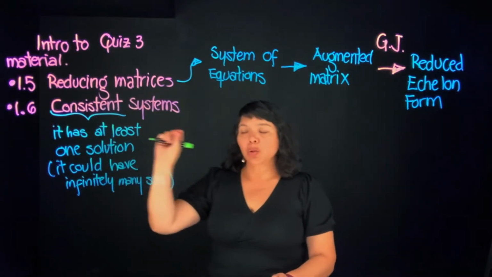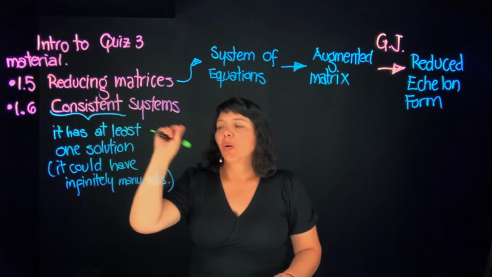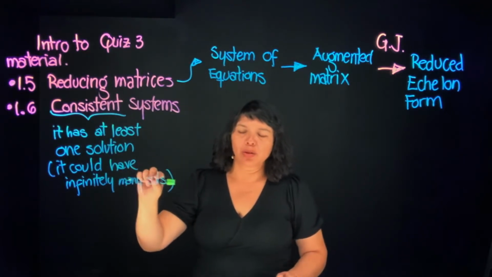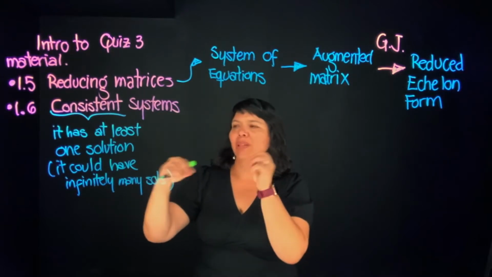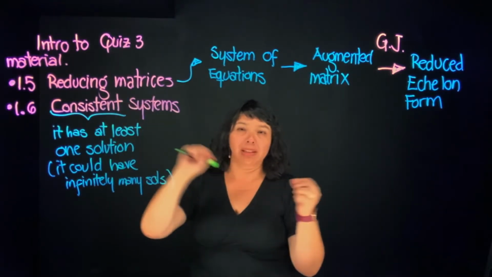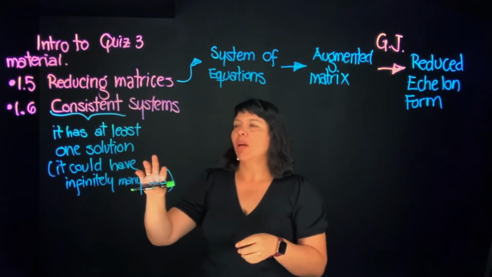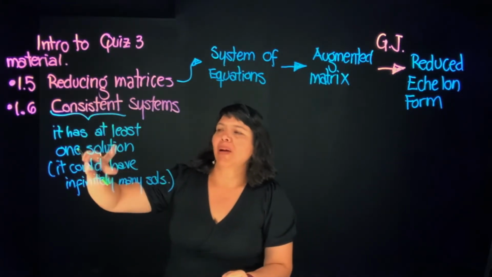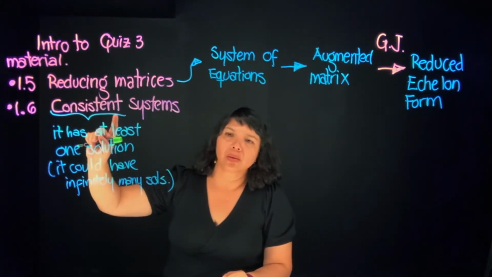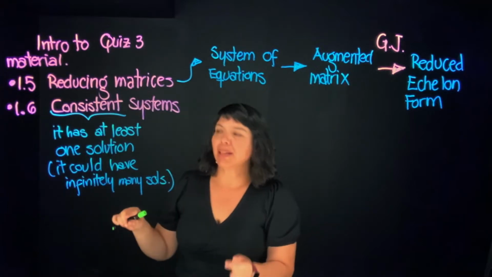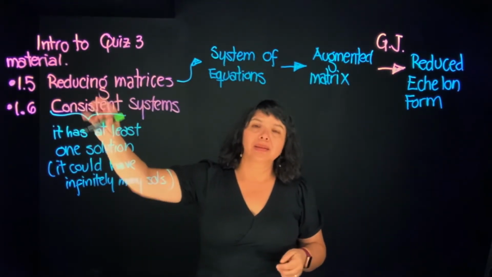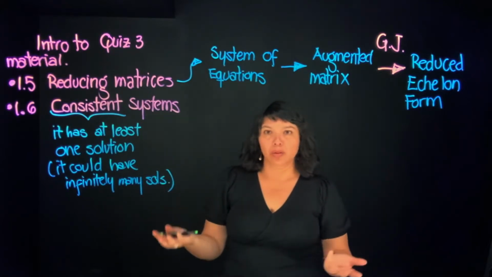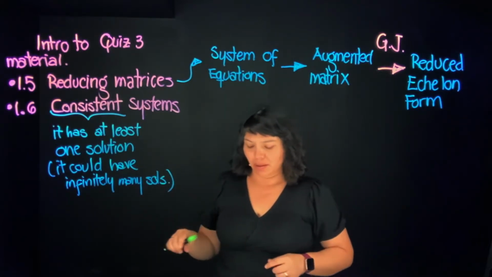Either you do have one solution or you have infinitely many solutions. If you have two solutions, you can find linear combinations of those and you can have infinitely many solutions. So a consistent system has only two choices. It has one solution or infinitely many, and the other option is that it's inconsistent, and that means that there are no solutions for that system of equations.